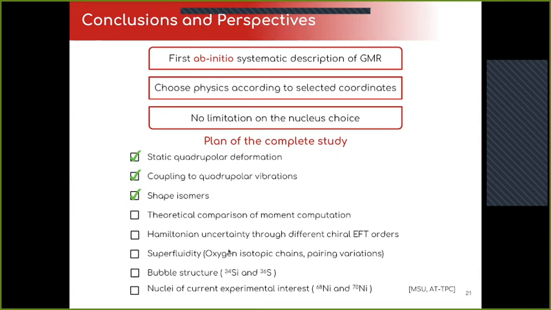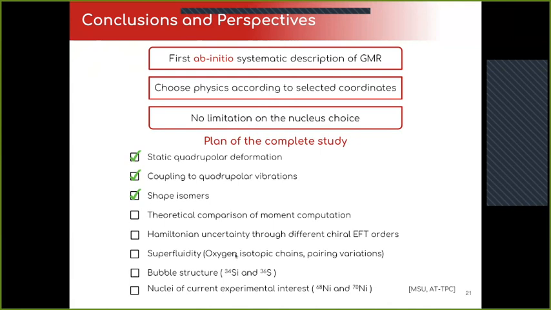Some more work is to be done concerning this investigation of superfluidity effects, and at the same time I'm also working on the comparison between two different nuclei, specifically silicon-34 and sulfur-36, which could tell something about the effects of bubble structure on the giant monopole resonance.